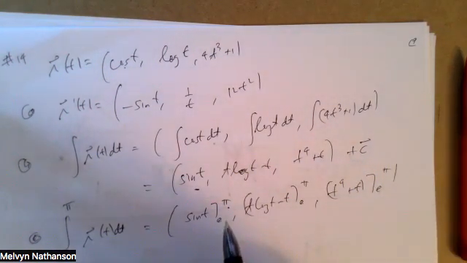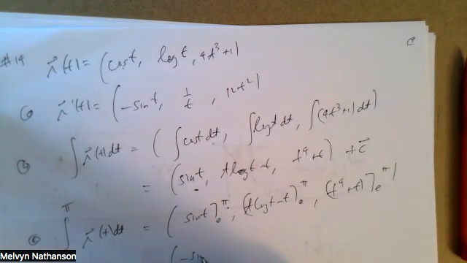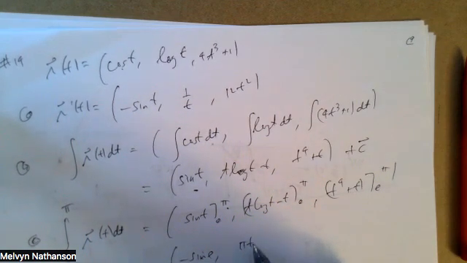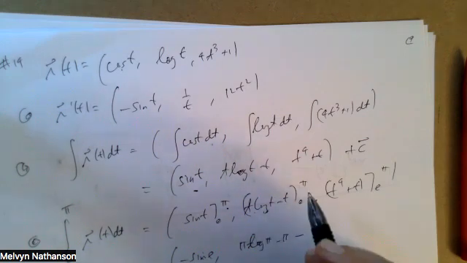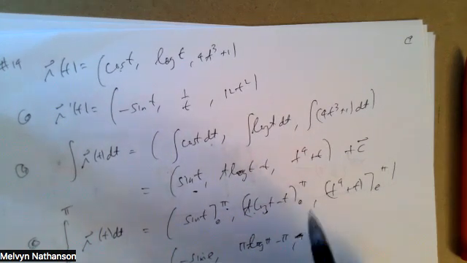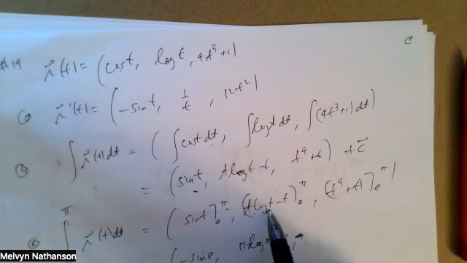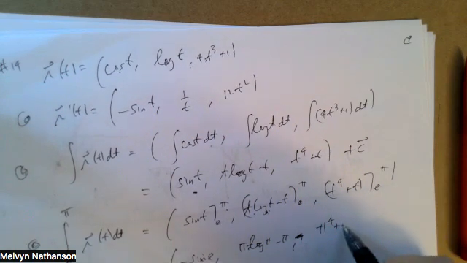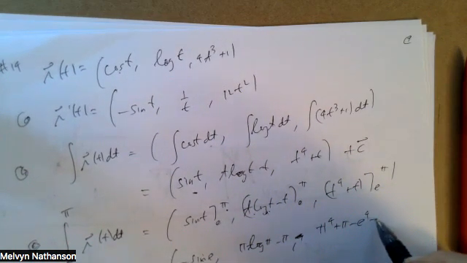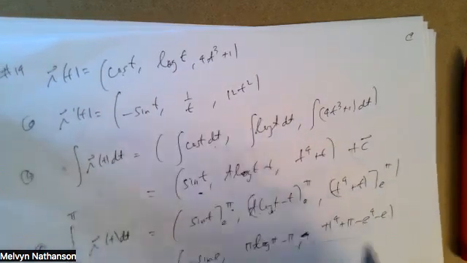Of course, sine pi is 0, so this is just minus the sine of e. When t is pi, you get pi log pi minus pi, and when t is e, log e is 1, so t minus t is 0, you just get 0. And here you get pi to the fourth plus pi minus e to the fourth minus e. So you get some weird expression like that.